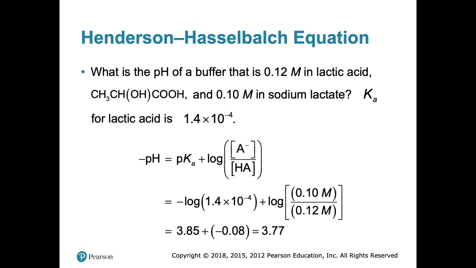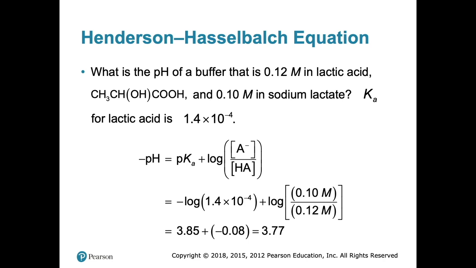So it's really simple. Because you're usually given a Ka, or you can find it in a chart. And then you're given the acetate concentration, which is 0.1, goes at the top. And then you get the initial concentration of the acid, which is 0.12, put it at the bottom.